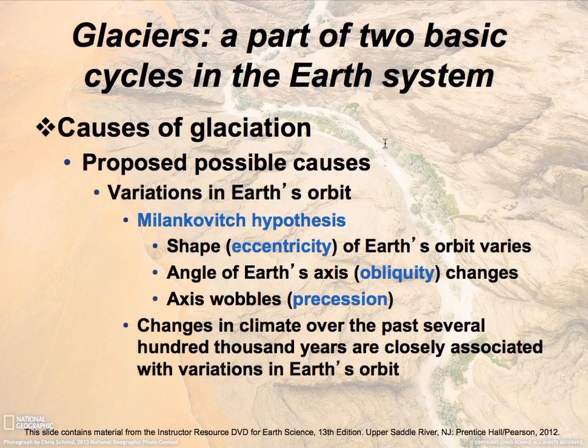There are also things that are not directly related to Earth processes, but are related to astronomical factors. Something called the Milankovitch hypothesis, which is that changes in the shape and the mode of Earth's orbit around the sun can cause variations in the amount of solar energy or heat energy that the Earth absorbs over long periods of time, 20,000, 40,000, 100,000 year cycles of obliquity, precession, and eccentricity.